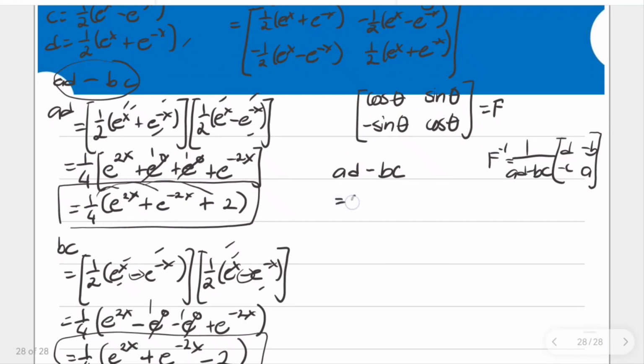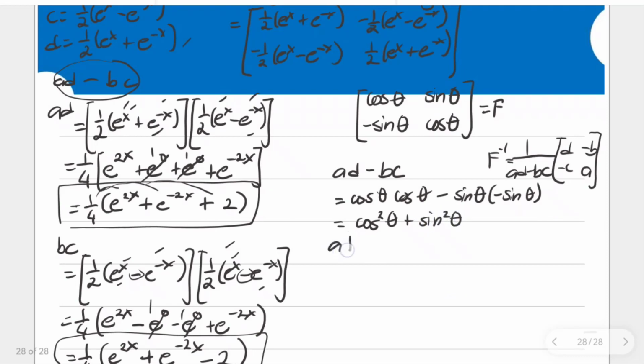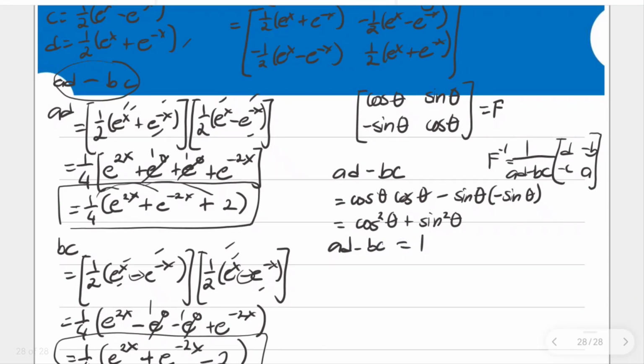A is cosine theta, D is cosine theta, minus B, which is sine theta, times C, which is negative sine theta. We have cosine squared theta plus sine squared theta. Remember, AD minus BC is also equal to 1. The sum of cosine squared theta and sine squared theta is just 1.